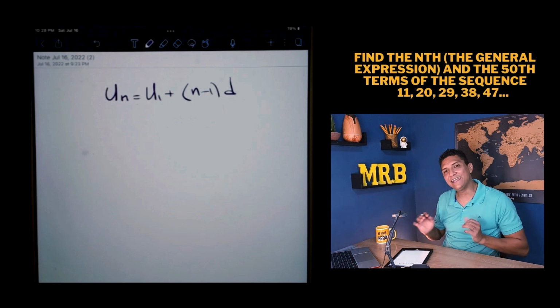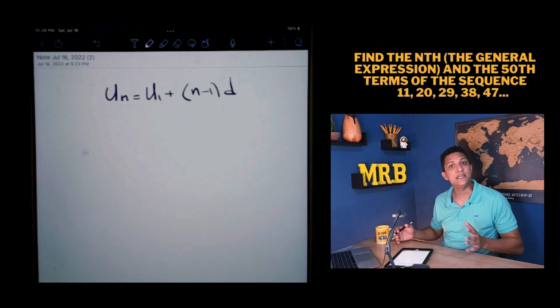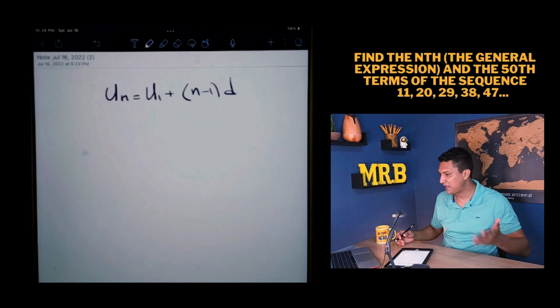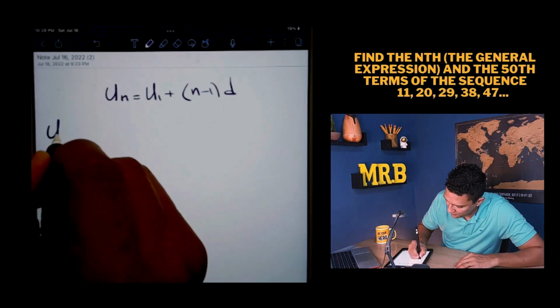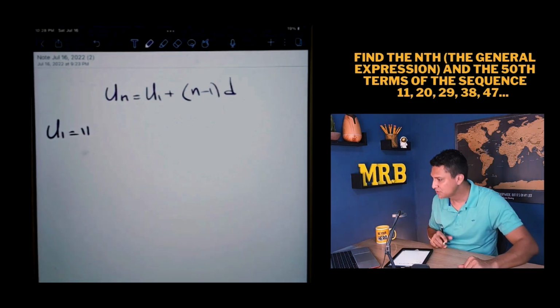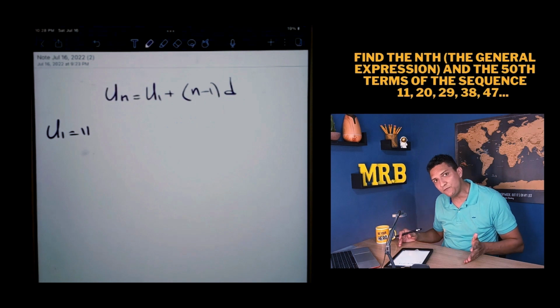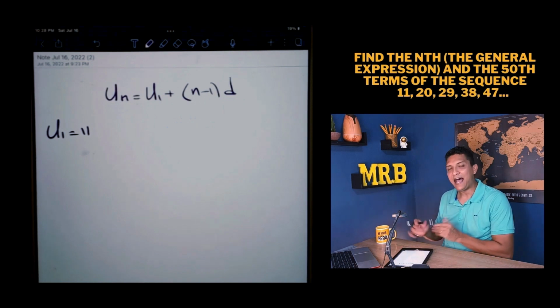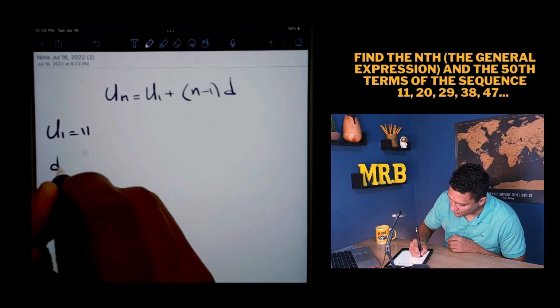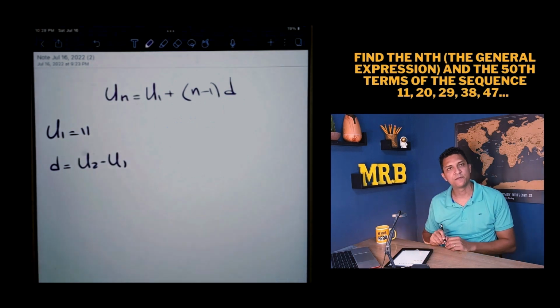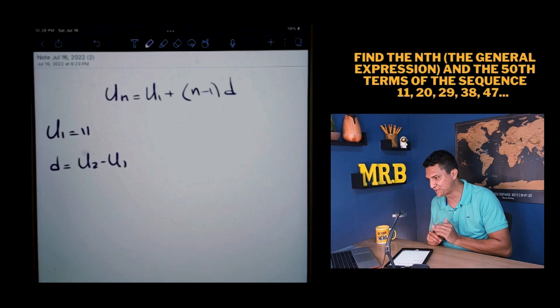And now I'm gonna identify the different elements that I need. The formula is asking me for the first term. And as you can see, it's obvious that the first term is 11, okay? Now I need to find a common difference, however, it's not given, okay? But I know that I can find a common difference if I subtract two consecutive terms, the second and the first term.